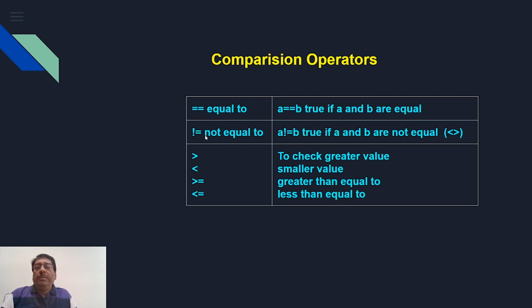In a similar way, not equal to: A not equal to B. In some other languages you can use the less than and greater than symbols. Similarly, you can make use of greater than, less than, greater than or equal to, less than or equal to, and so on. Whenever you are supposed to mention any condition wherein you write comparison or relational operators, you can make use of any one of these operators.